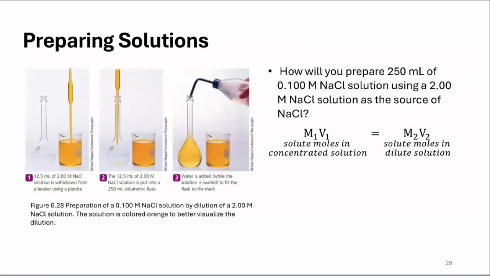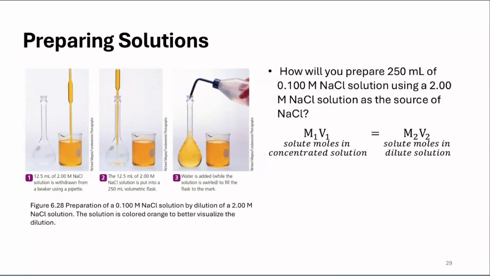So let's say that we need to prepare 250 milliliters of a 0.100 molar sodium chloride solution utilizing a 2.00 molar NaCl solution as a source of NaCl.